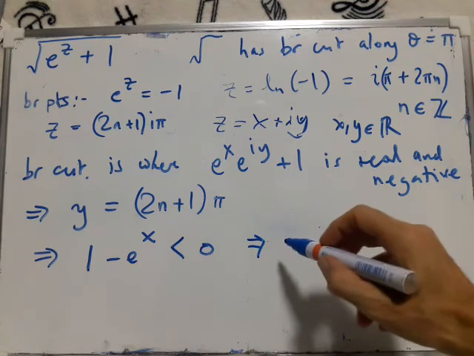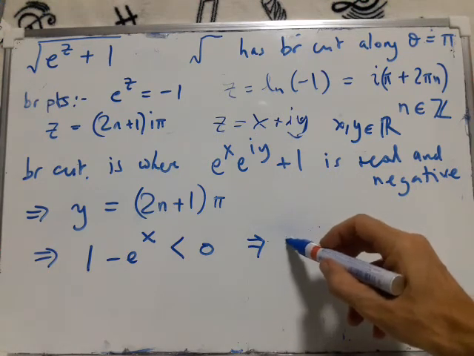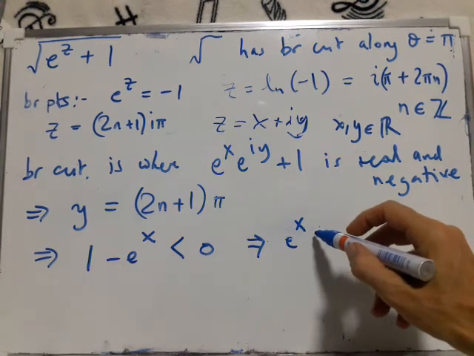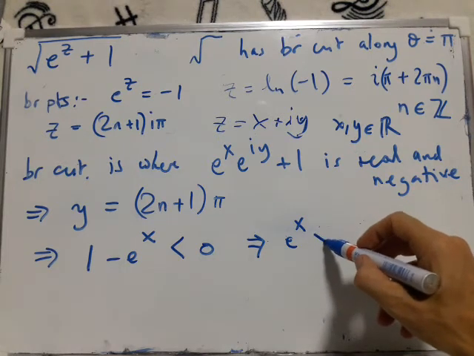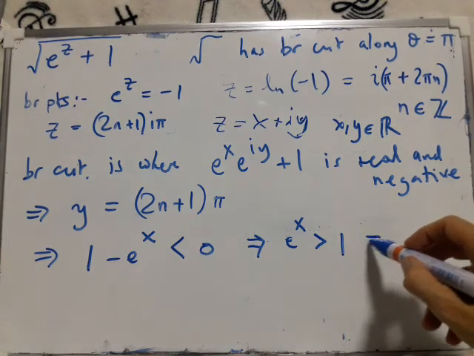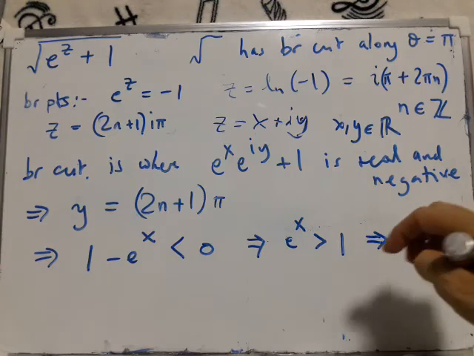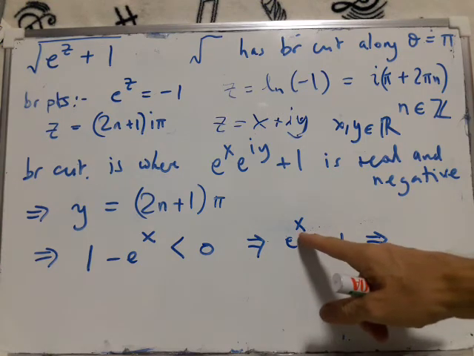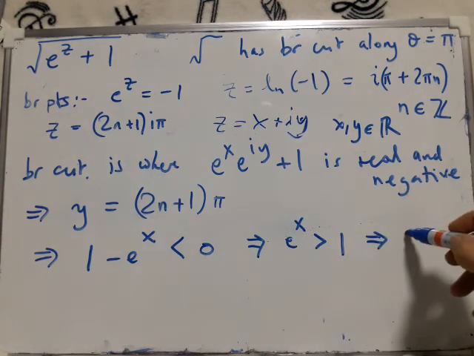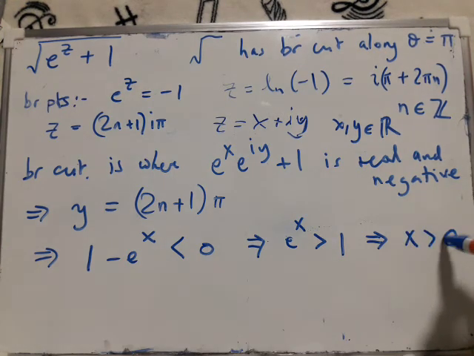Which means that e to the x needs to be greater than 1, which means that when x is 0, you have 1. So basically that means x is greater than 0.